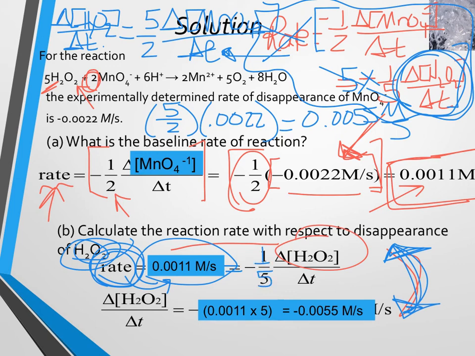Again, if we want it just in terms of hydrogen peroxide, we've got to get rid of this 1/5, so we multiply both sides by 5, and we come up with the same answer. This is pretty simple, but it tends to confuse students, and I probably haven't explained it as clearly as I could. So if you didn't follow me, make a note to either look in your text or spend some time learning it. It is important.